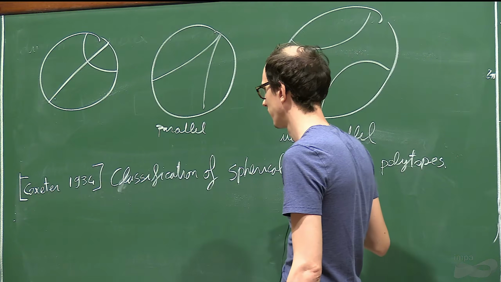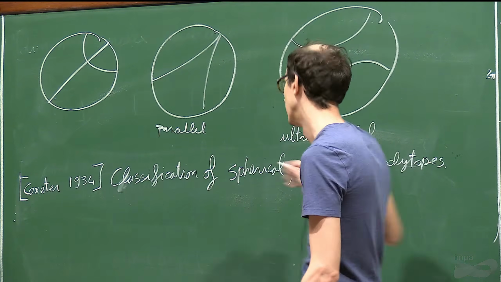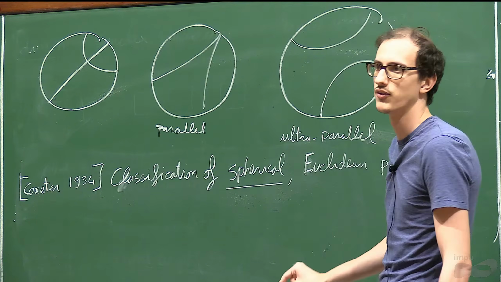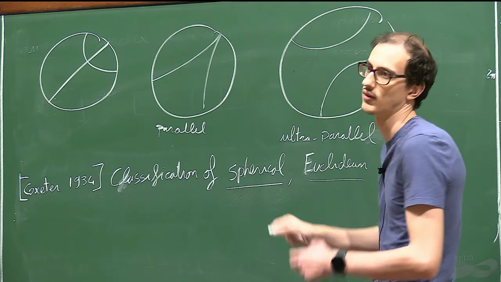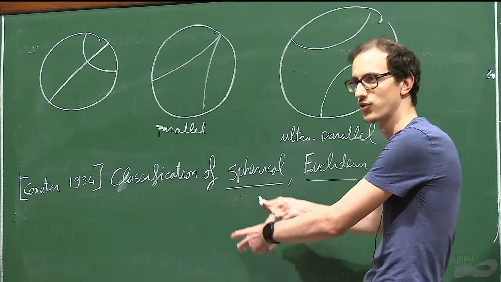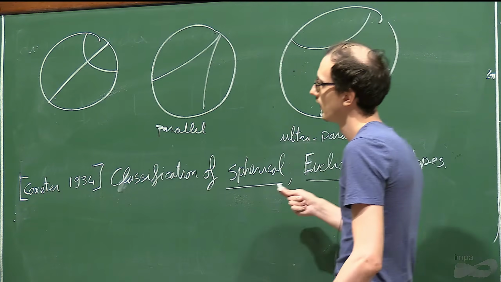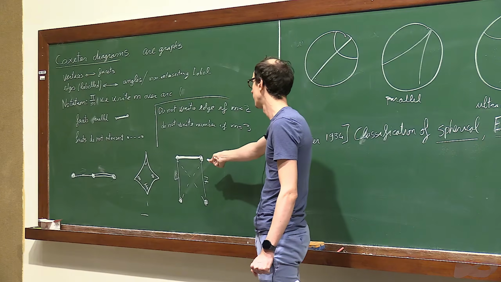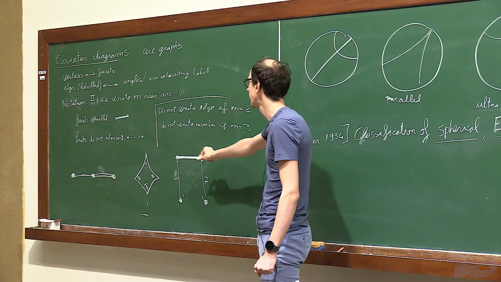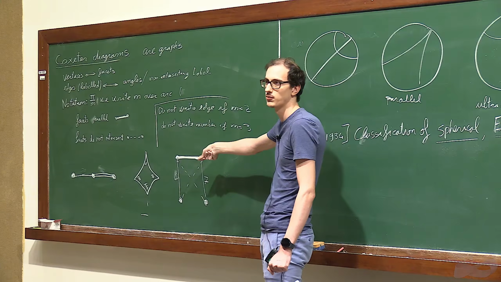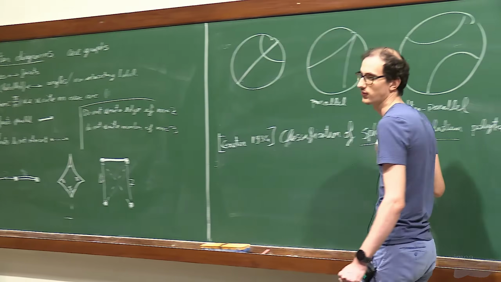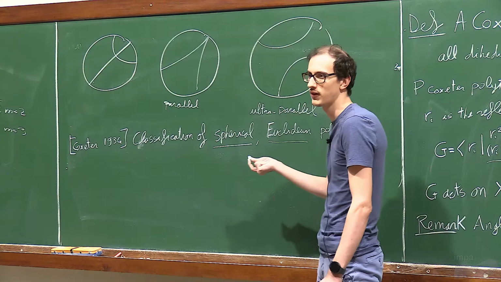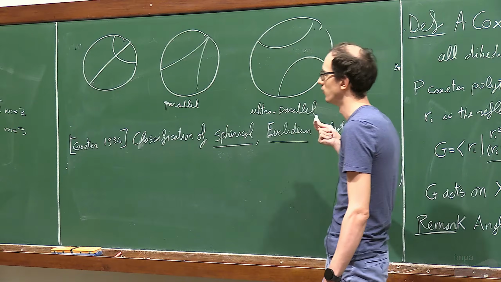But my point now is that there is a finite list of building blocks: all connected Coxeter diagrams that are realizable in the spherical and Euclidean plane are classified. So there's a finite list.